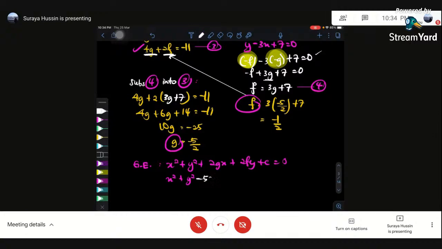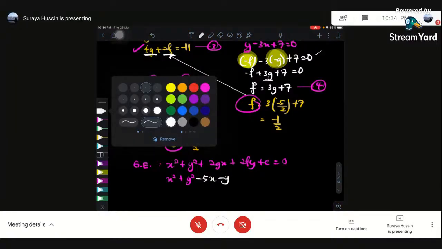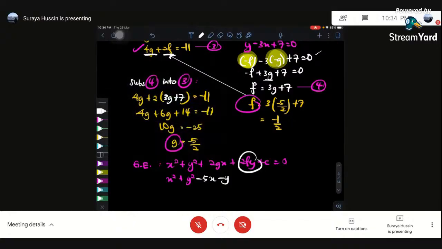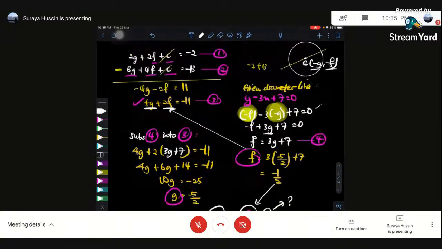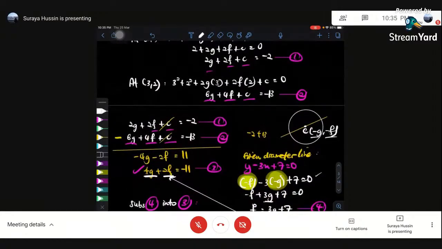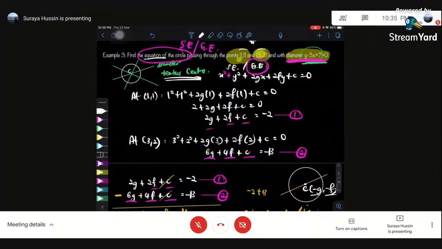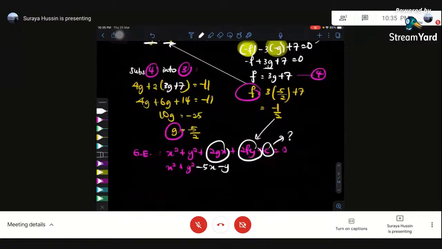Minus 5x minus y and then plus, oh c, do you have c my dear? Do you have c? You dah ada dua nilai ni. You masukkan nilai f. But do you have your c? Oh, I haven't found c yet. But where can I find it? I can find it in either equation 1 or equation 2 sebab saya dah ada nilai g dan f. Okay? So don't be afraid. Just use what you have.